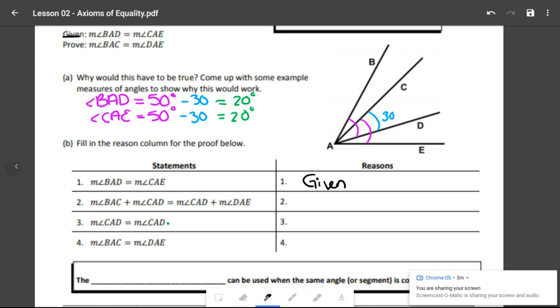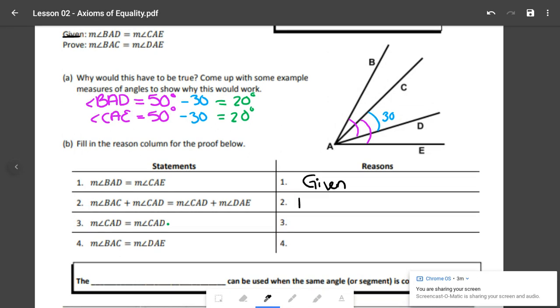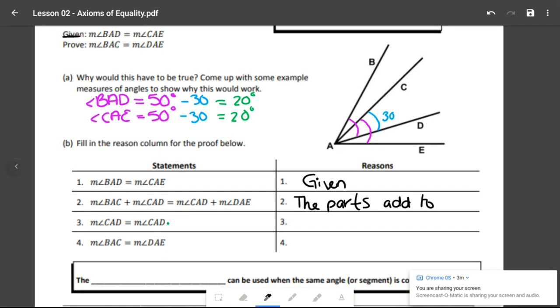Those two smaller angles make up the big purple angles that are indicated. So again, the parts add up to the whole.